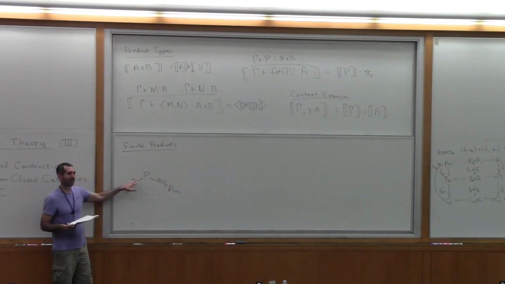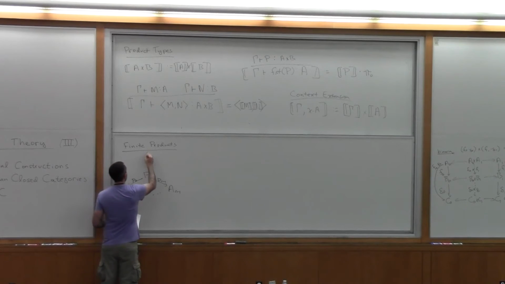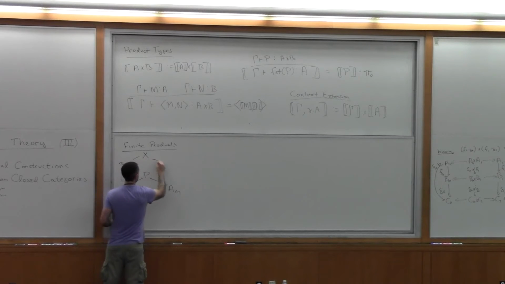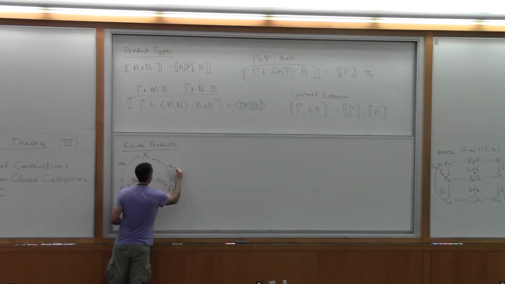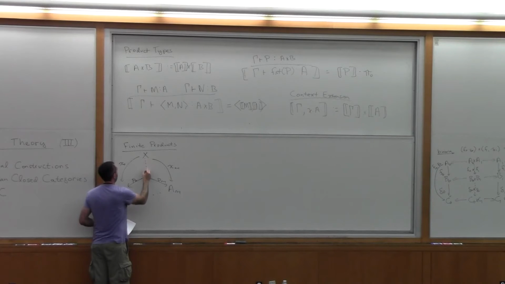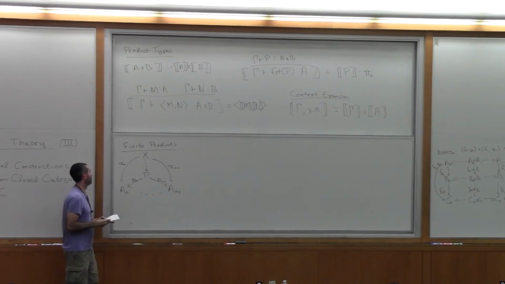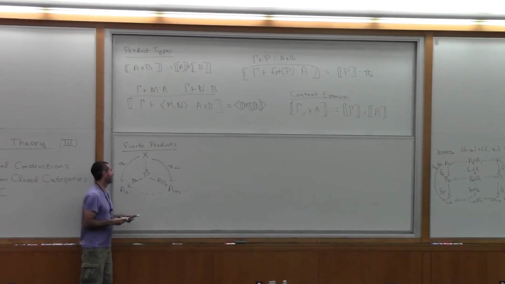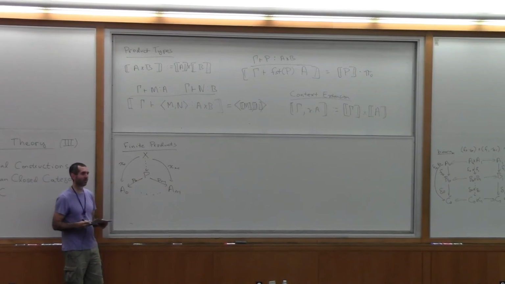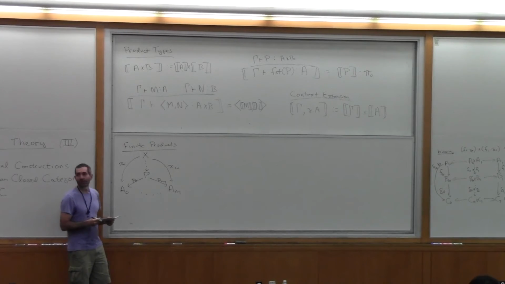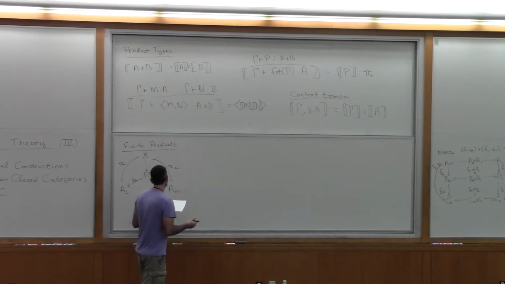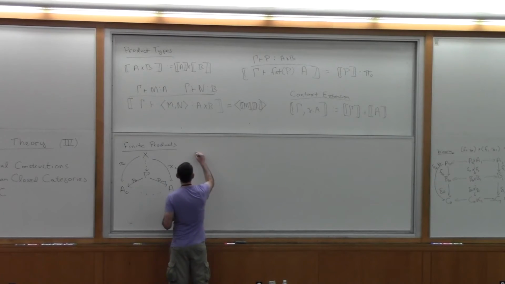So it's an n-legged span, such that for any other n-legged span, there's a unique mediating map from the vertex of the probe to the vertex of the distinguished, making the n triangles commute. Make sense? I'm just generalizing the definition from 2 to n, where I'm letting n range over the natural numbers. Okay, so let's think about what this would be for some small natural numbers.